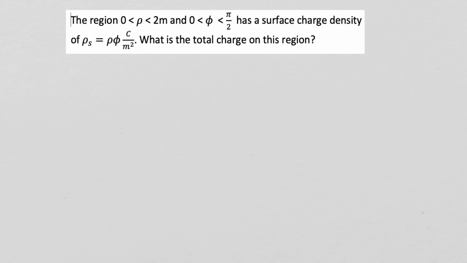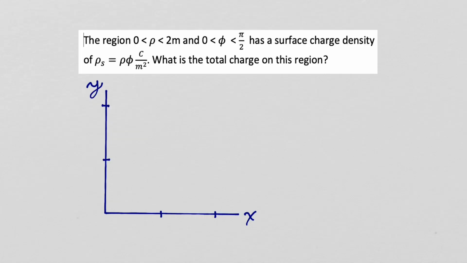Phi is an angle that an infinite half-plane attached to the z-axis makes with the x-axis. So when phi is 0, you're along the positive x-axis, and when phi is pi over 2, you're along the positive y-axis. So this region is going to be contained in the first quadrant.